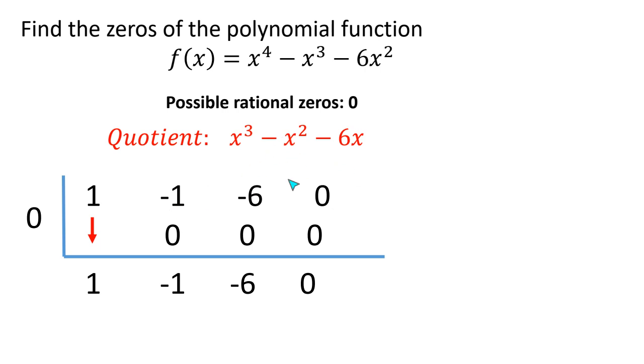There's no constant, so my only possible option is 0. And if I use synthetic division, now I can break it down to x squared minus x minus 6. So now this part is quadratic. For that part, we can factor if we're able to. But if you're not sure about factoring, then we can use the quadratic formula.